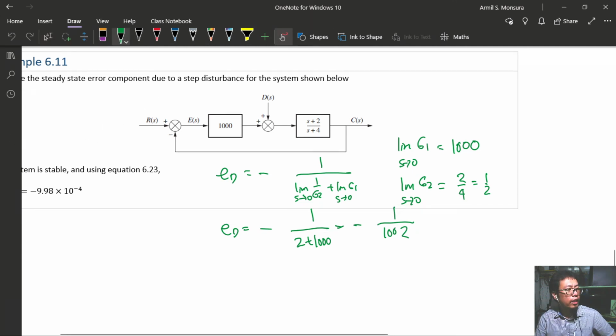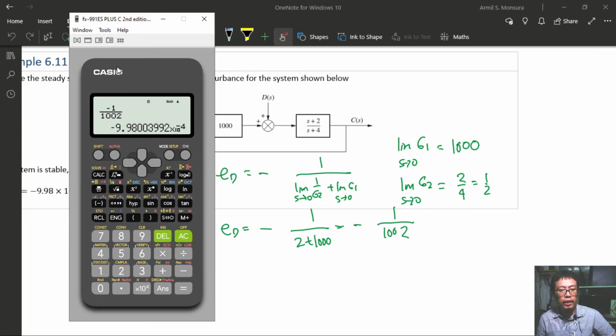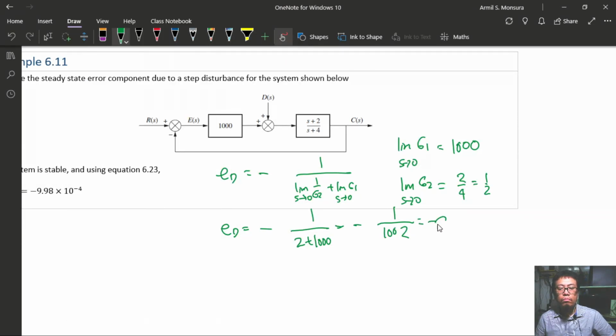Computing that using a calculator, that should give us negative 9.98 times 10 raised to negative 4, or basically negative 0.998 times 10 raised to negative 3 in engineering notation.